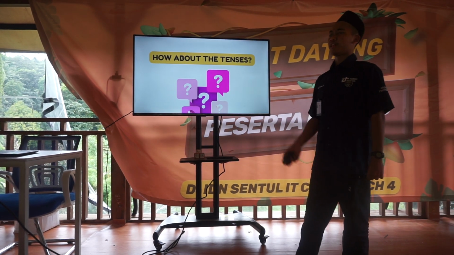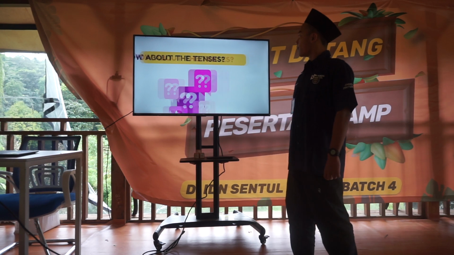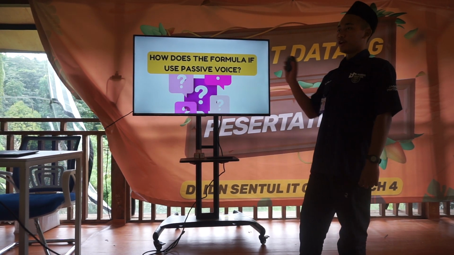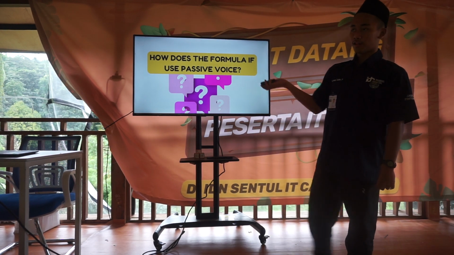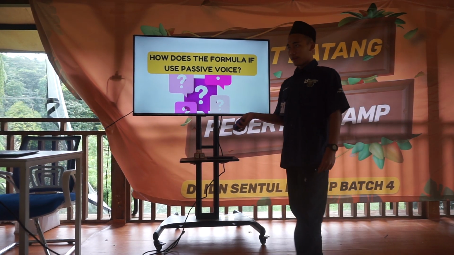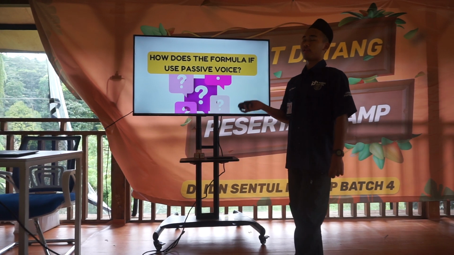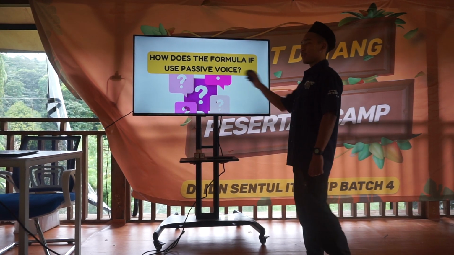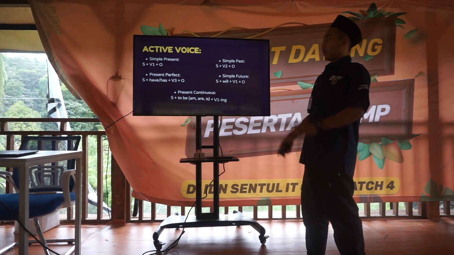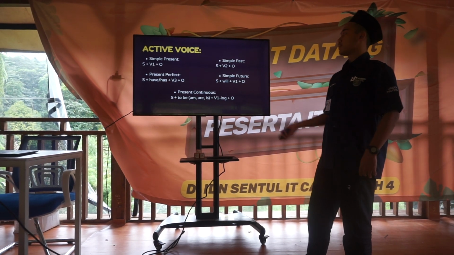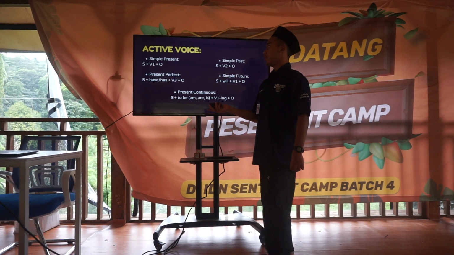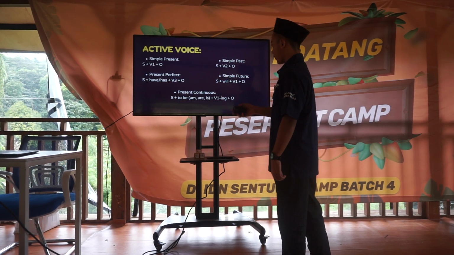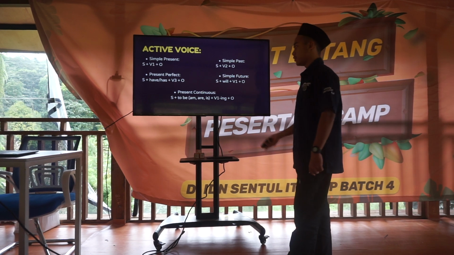And how about the tenses? How does the formula work if we use passive voice? In active voice we know many tenses like simple present, past, future, continuous, and others. Alright, so there are several tenses in active voice: simple present, simple past, present perfect, simple future, and present continuous.